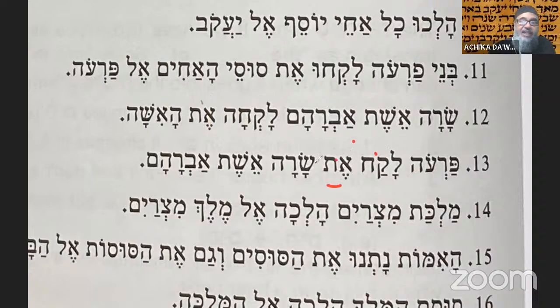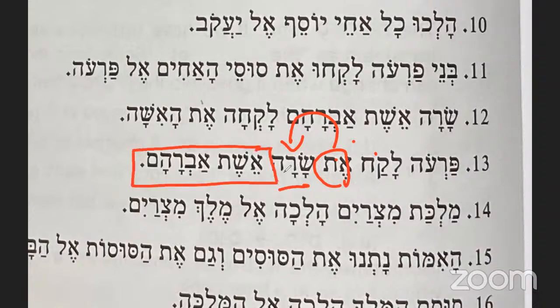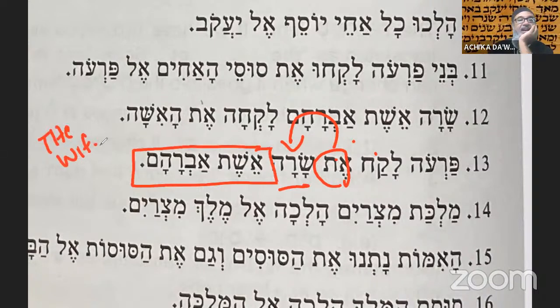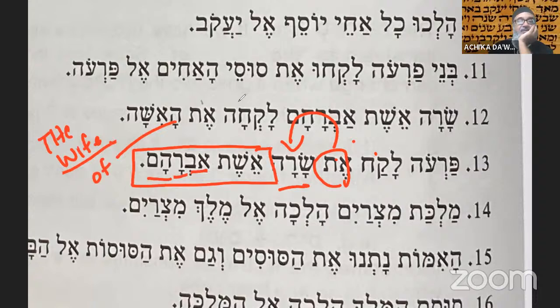The arrow is the et right here. What did he take? Sarah. He took Sarah, which is, what is she? The wife. Yes, she's the wife of who? Avraham. And that's a story that we know about.